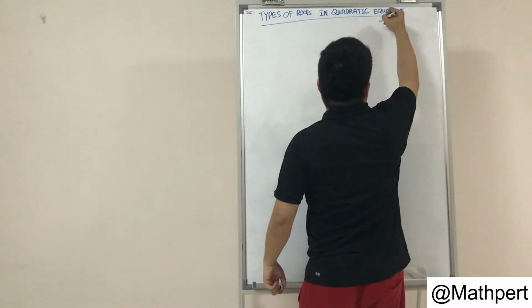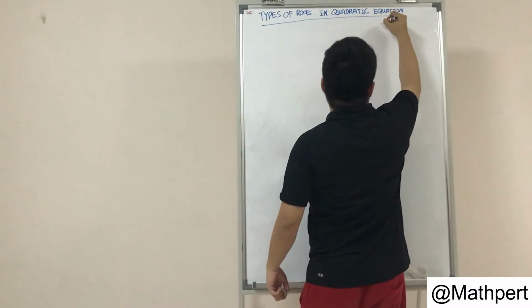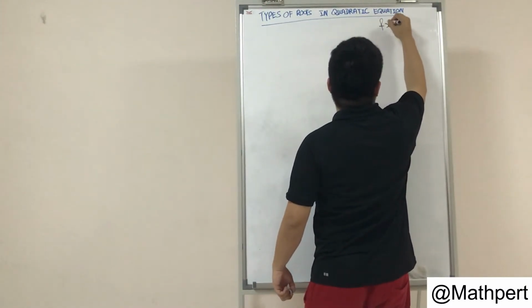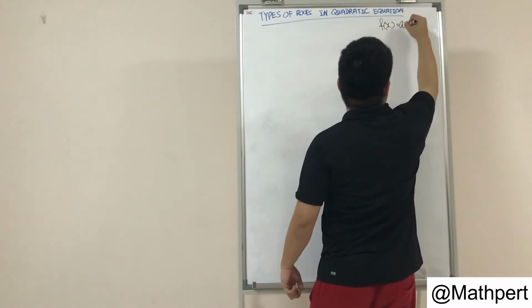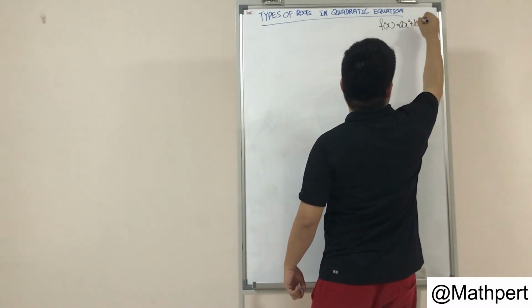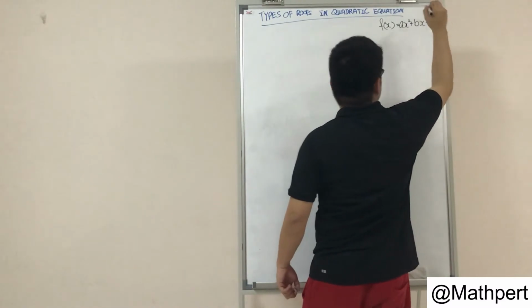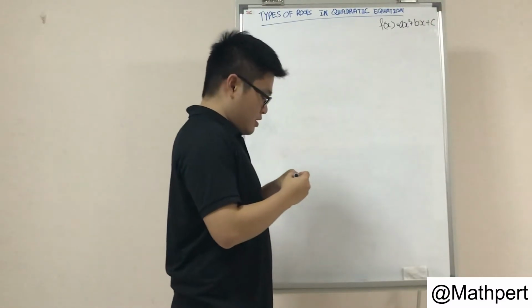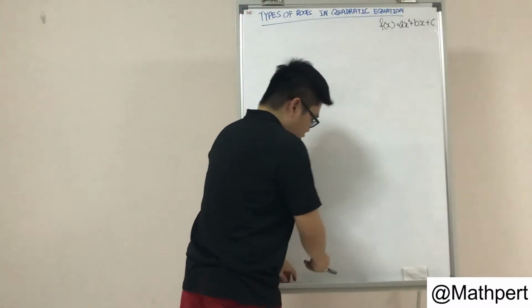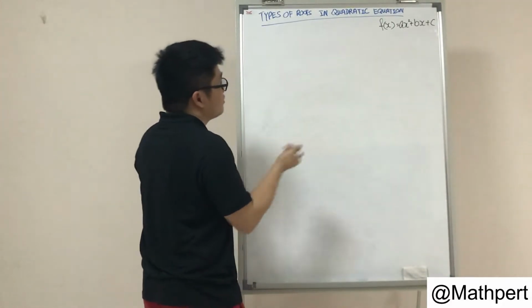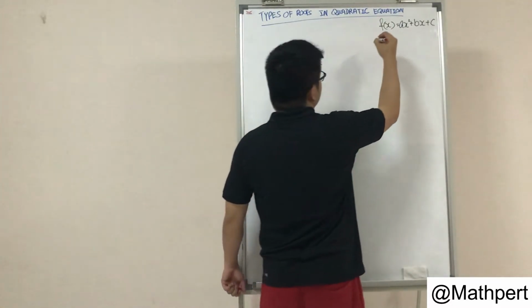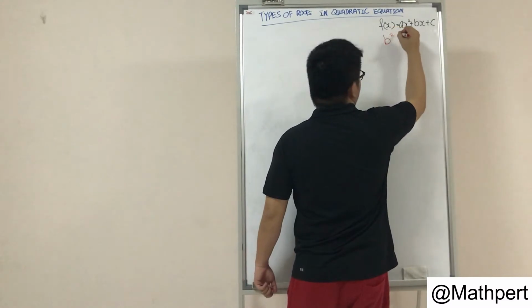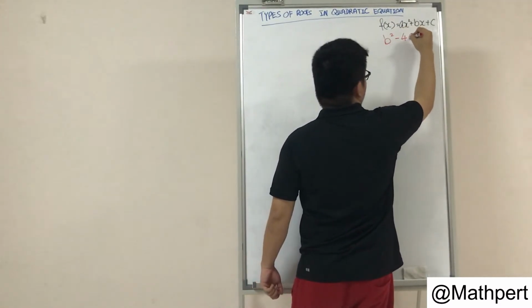We know that the general form of a quadratic equation is f(x) equals ax squared plus bx plus c, and the equation to determine the roots is b squared minus 4ac.